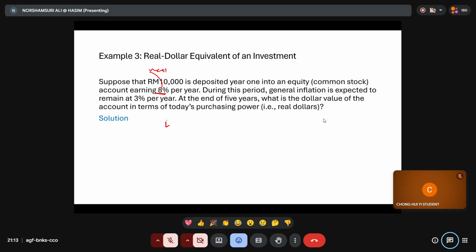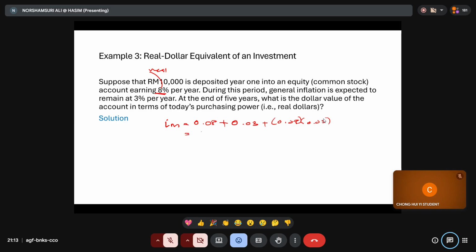So the I market, we can use this formula: I real, 0.08 plus, for example, 0.03 plus 0.08 times 0.03.